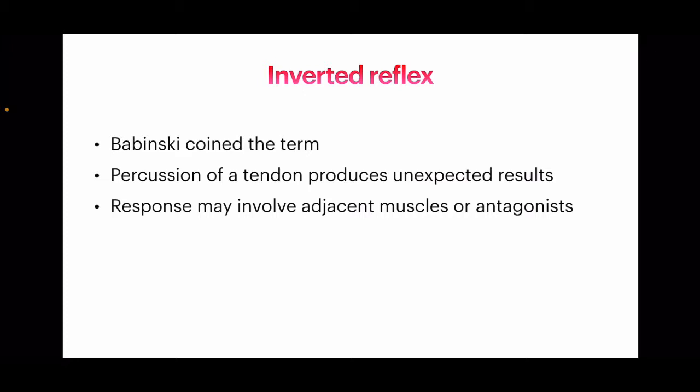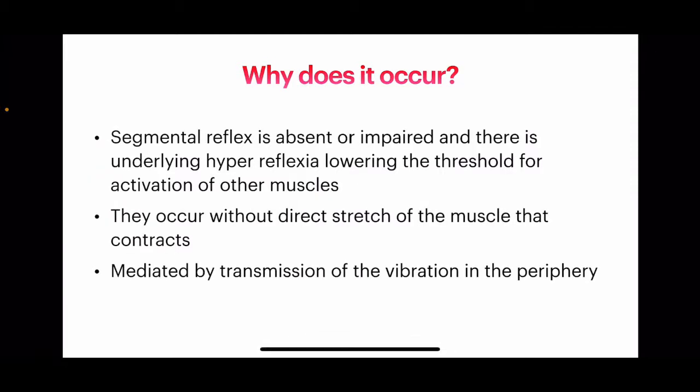For example, when you check the brachioradialis or the supinator reflex, you are supposed to have supination, but instead of that, when you have finger flexion, it is called inversion of supinator reflex, inverted supinator reflex. So why does it occur? Here basically the local segmental reflex is absent, and there is an underlying hyperreflexia which lowers the threshold for activation of other muscles.